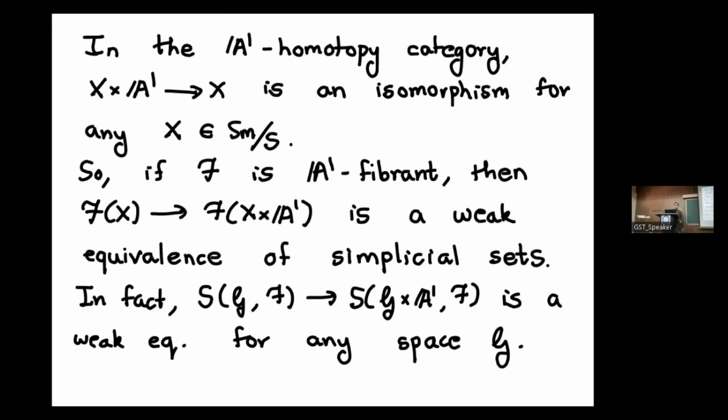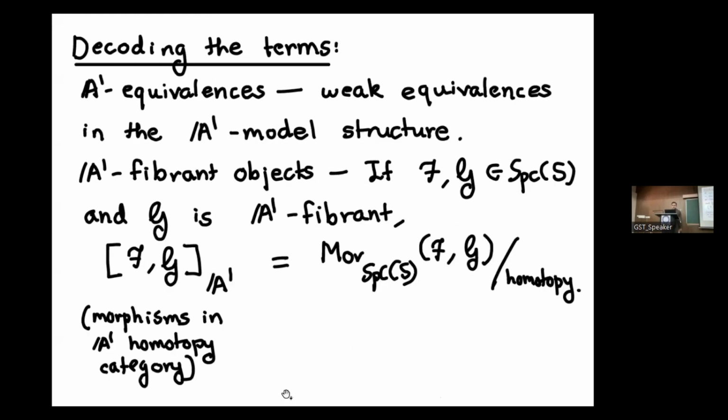So in the A1 homotopy category, if I take any scheme X and I look at the projection from X cross A1 to X, this has to become an isomorphism, right? That was the whole point of this exercise, that I want to view X cross A1 to X as an isomorphism. So in this picture, if instead of F I have got X, whether I have X or X cross A1, I should get the same set.